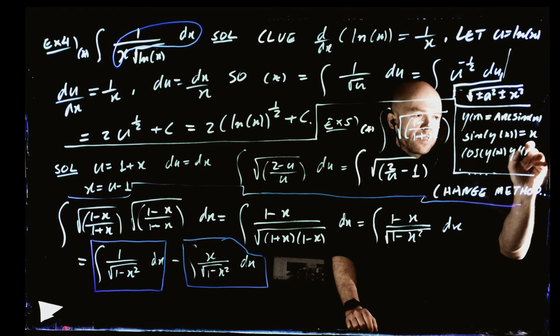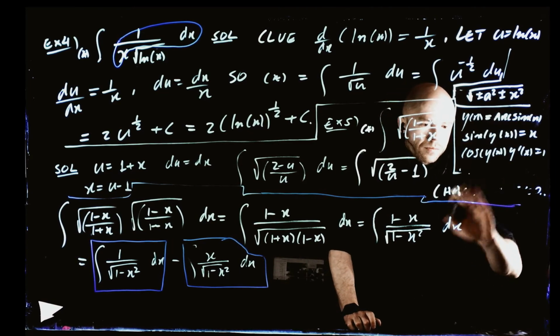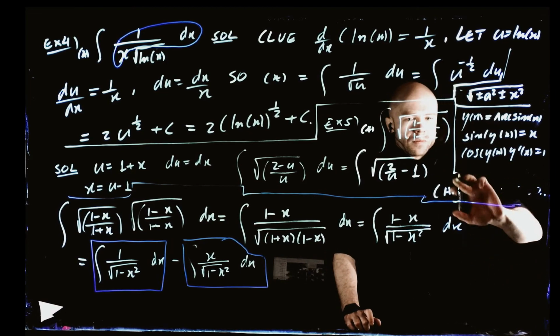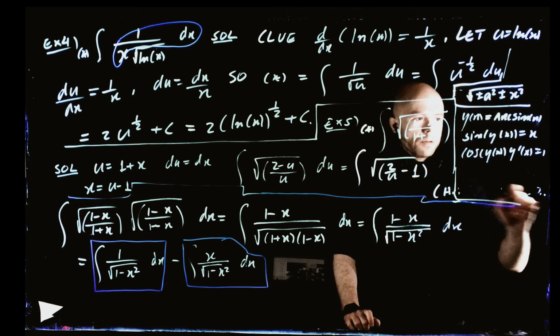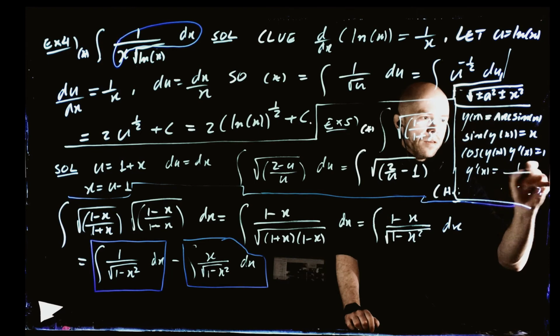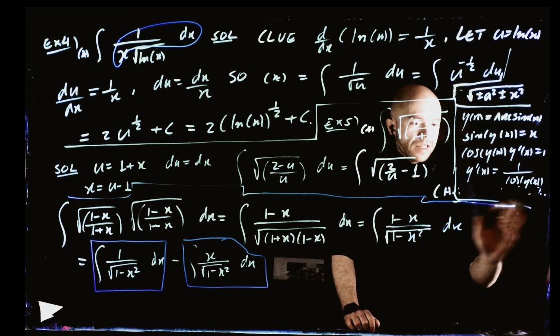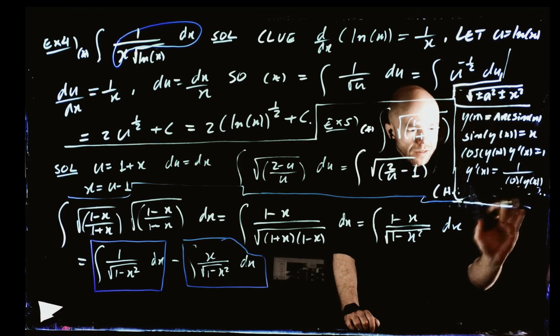Y prime of x is equal to 1, right? And then we have that y prime of x equals 1 over cosine y of x.